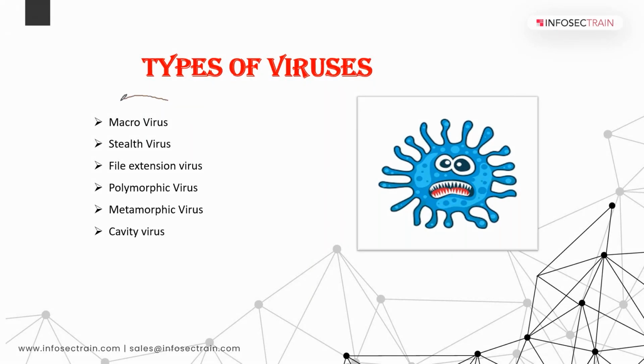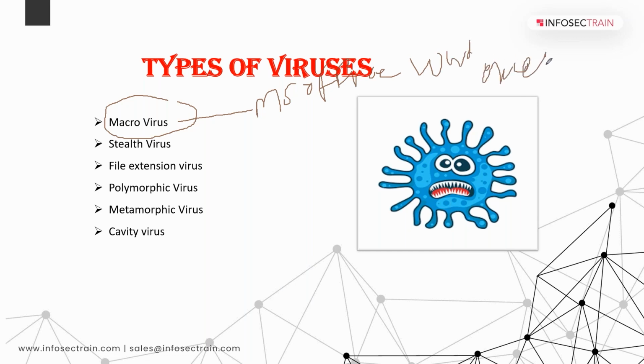Macrovirus is nothing but a virus which affects all the MS Office files, like Word, Excel, PPT. If a virus infects your system, it will affect the MS Office files.